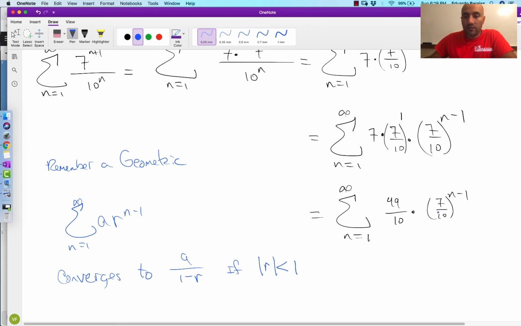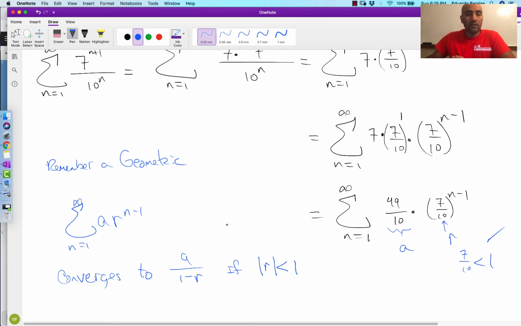And that's what this is. For us, the part out in front, some constant, 49/10, is the a. And then this guy here, 7/10, that's the r. And 7/10 is less than 1, so we're good. It's going to converge.